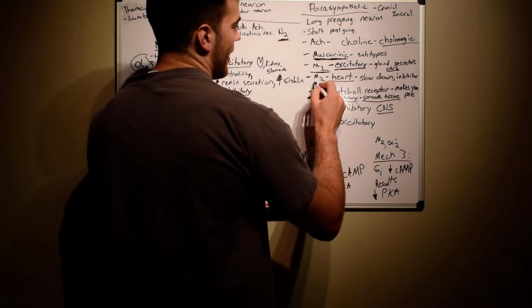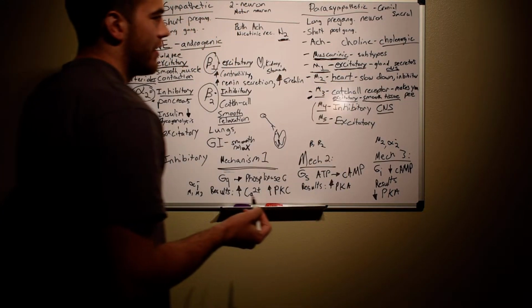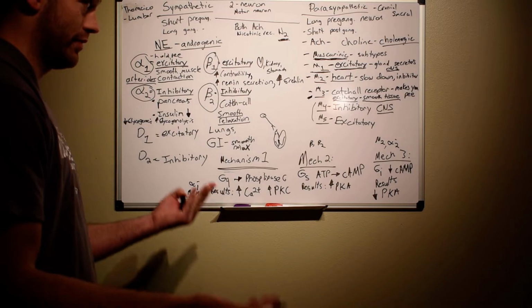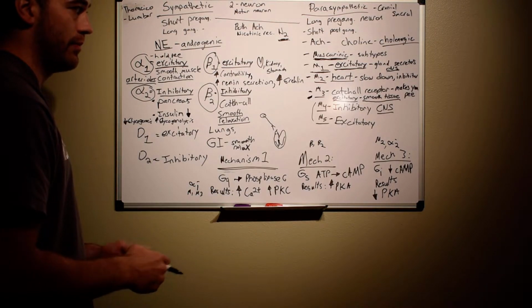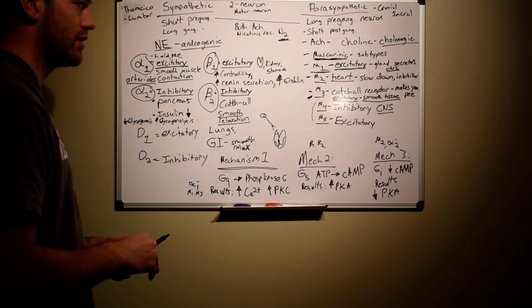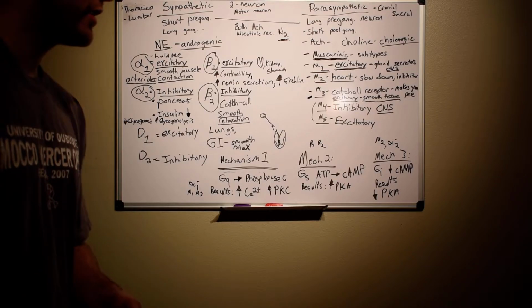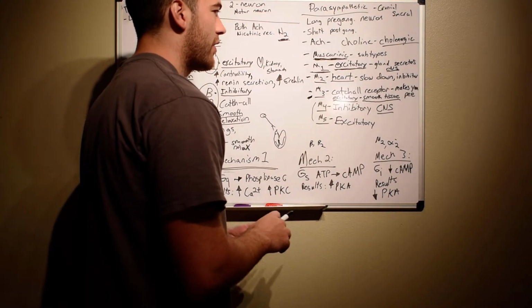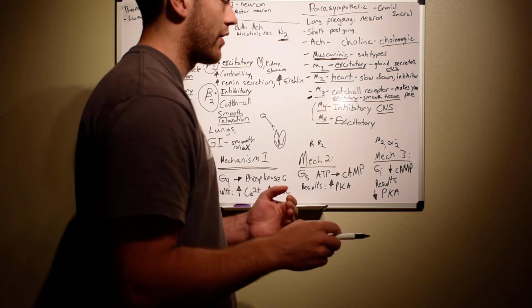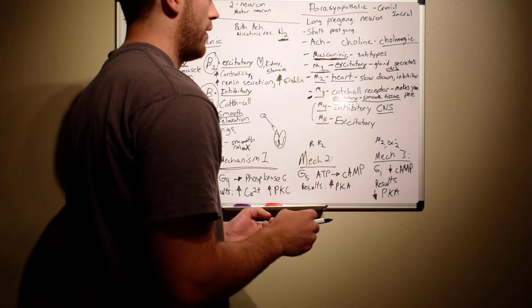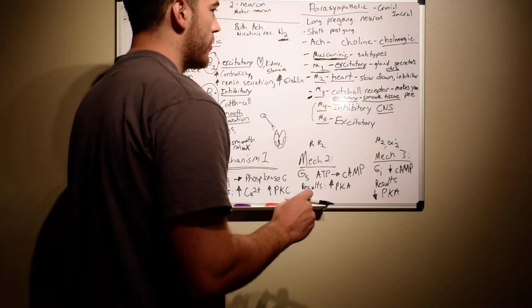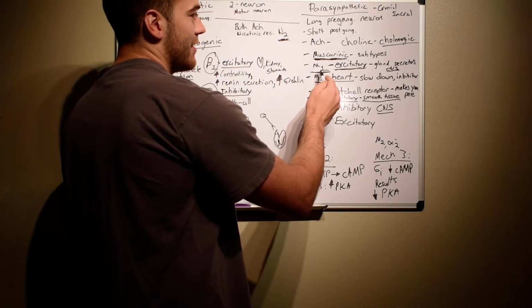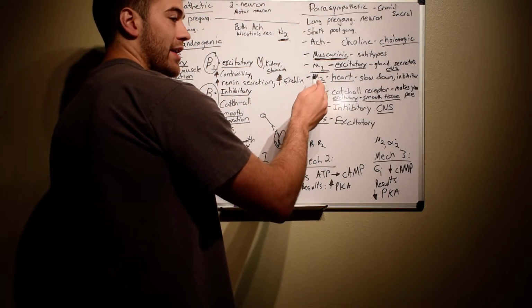And then we've got our M2 receptor. The M2 receptor is also just another muscarinic receptor, because it binds acetylcholine from that second neuron in the chain. These are on the heart. These are specific to the heart. So this one's easy to remember, because the first most important thing in your body is your brain.